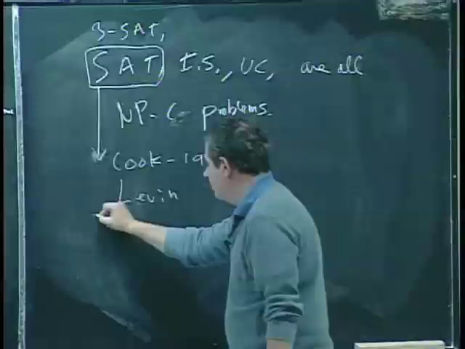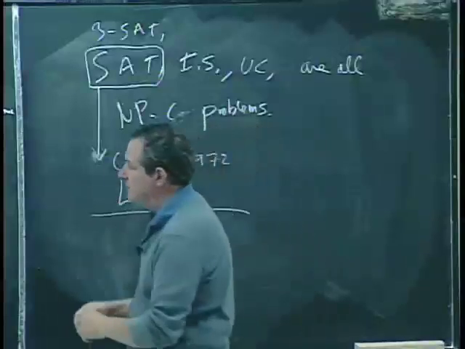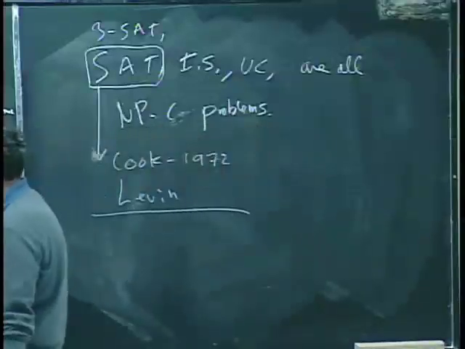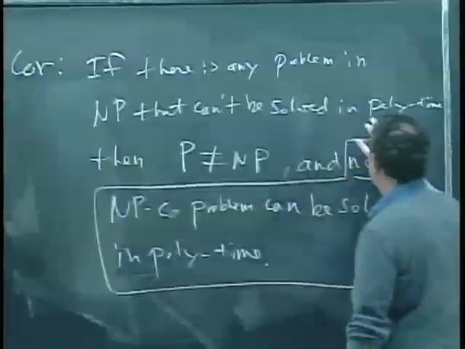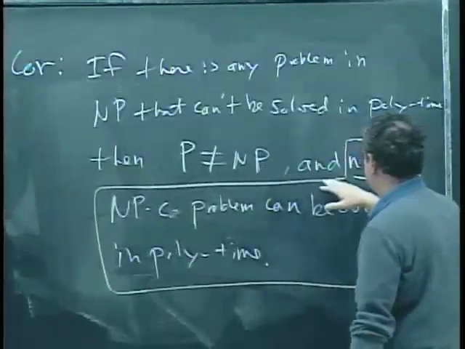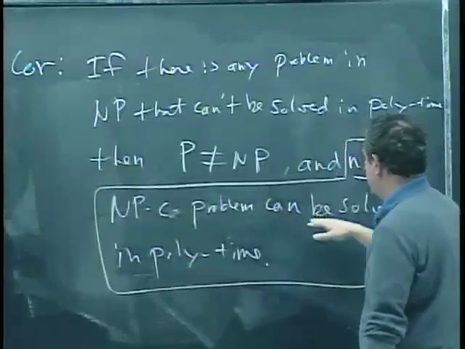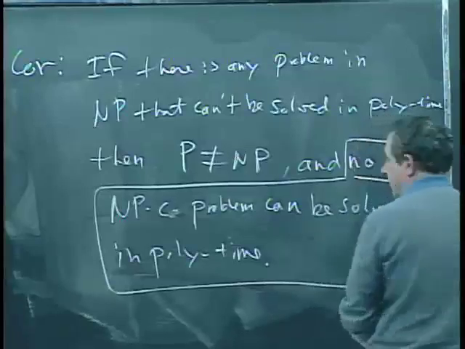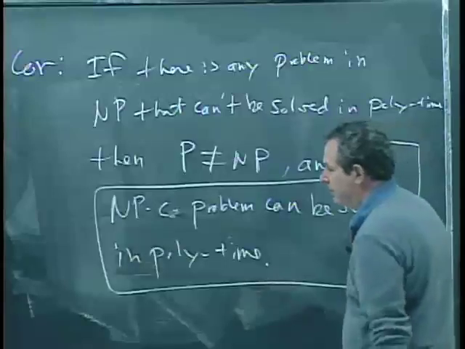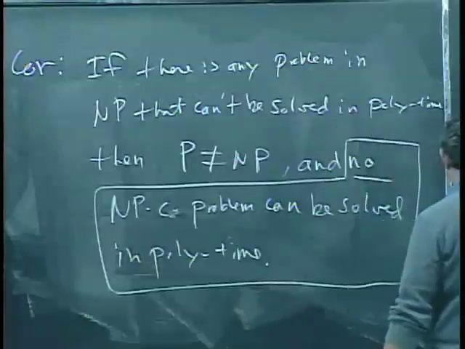Okay, so there are NP-complete problems. We have this implication: if there's any problem in NP that can't be solved in polynomial time, then P is not equal to NP, and no NP-complete problem can be solved in polynomial time. But let me write this another way.